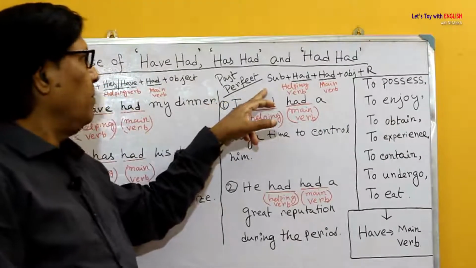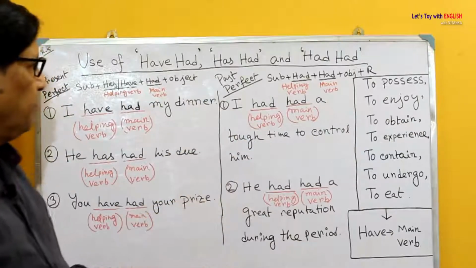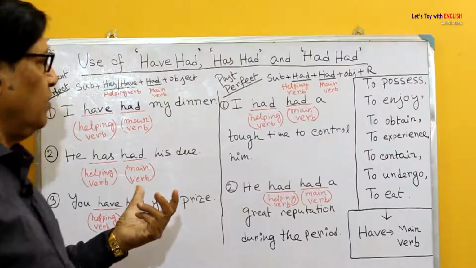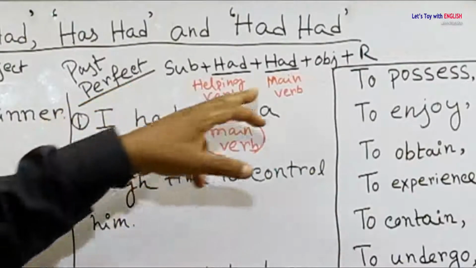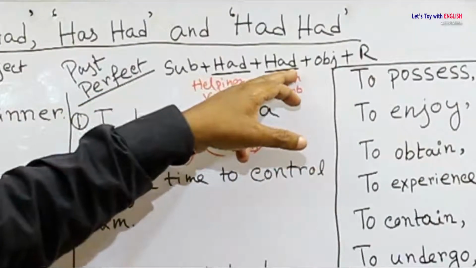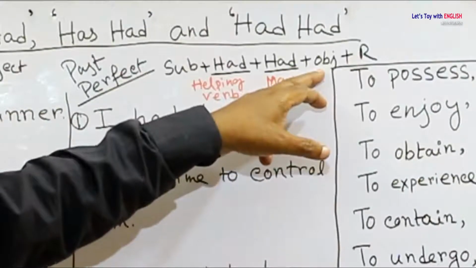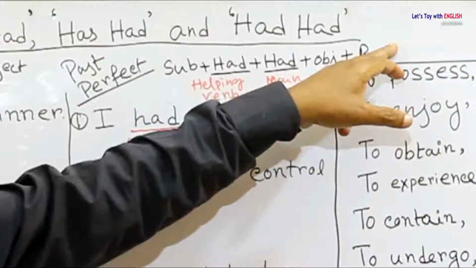Now come to the past perfect tense. There is only one difference. What is the difference? Subject as usual will be there. This had will be there, V3, and the object will be there, if there is any remaining part.